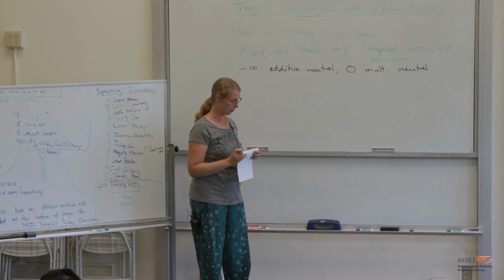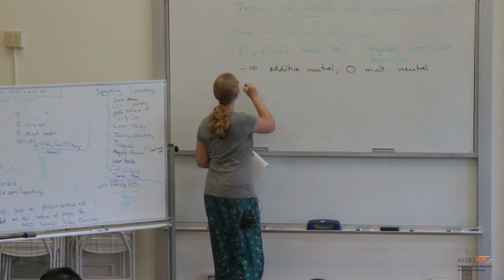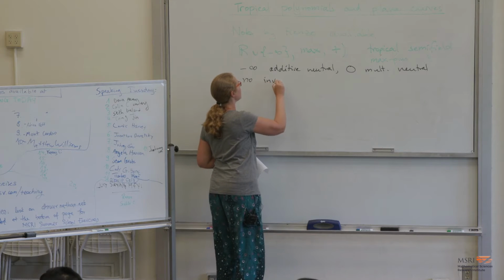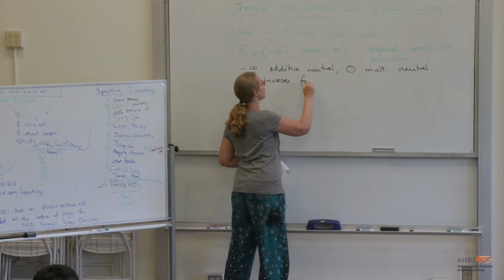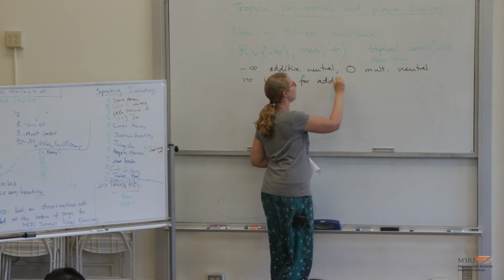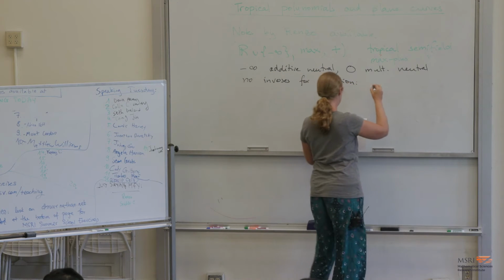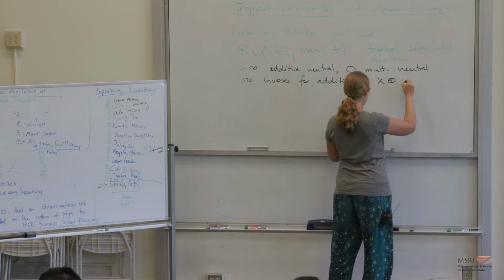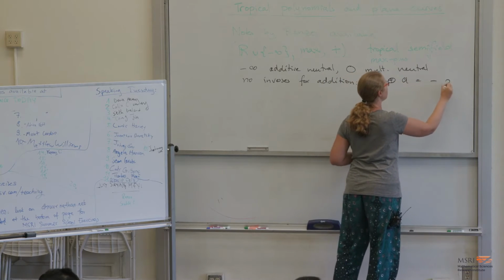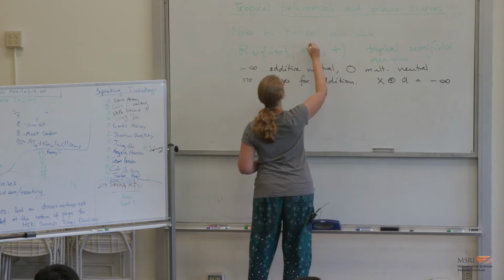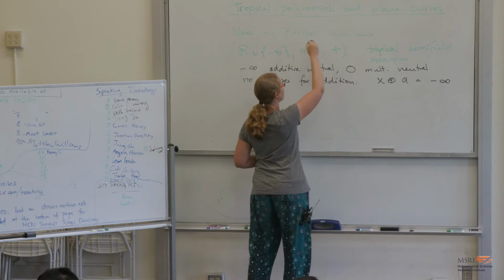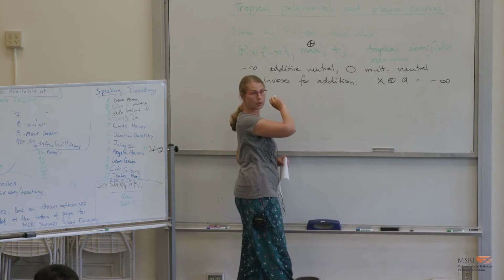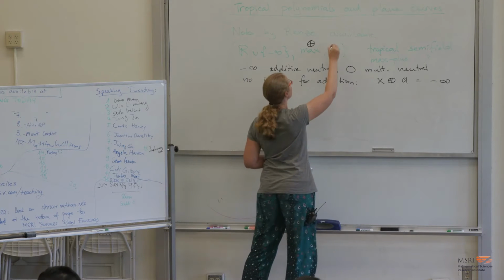But what's a bit sad, this is why it's only a semi-field, there are no inverses for addition, right? If we want to solve the equation x tropical plus a equals minus infinity, I should have told you this maximum is called the tropical plus. We can make a circle around it to distinguish it from the usual operations.